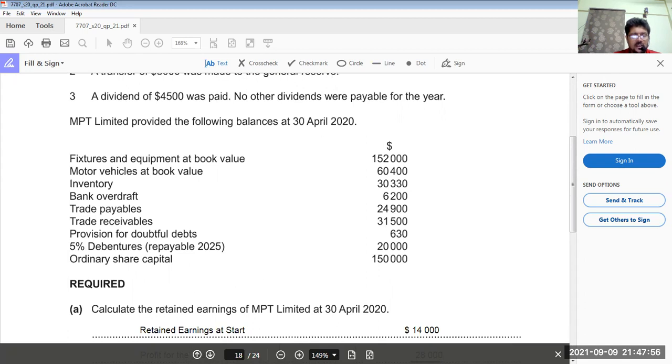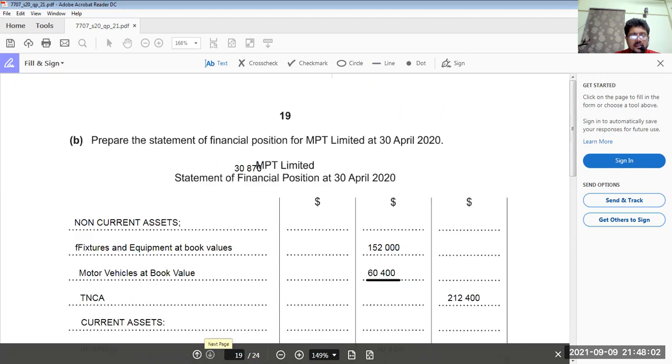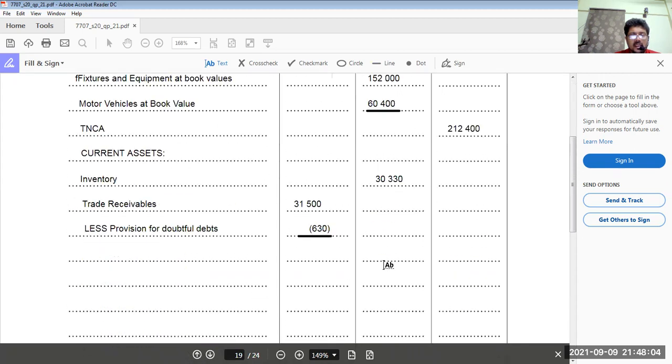No other. This is 30,870, and we'll get the total current assets over here. That is 61,200.